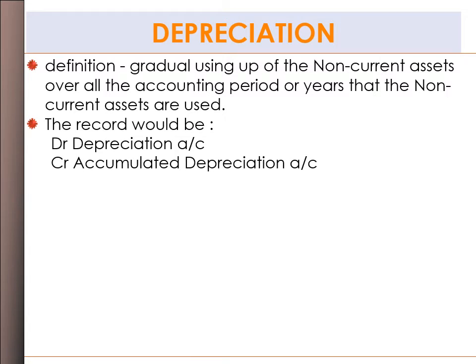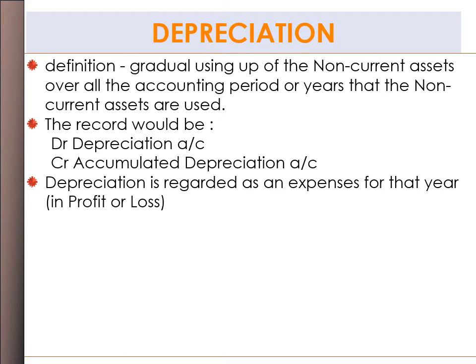So the record would be debit depreciation account and credit accumulated depreciation account. It will not affect the actual cost. You need to open another set of accounts to show the possibility of reducing the cost, because this depreciation is an estimation, not the actual one.